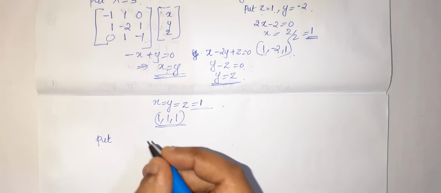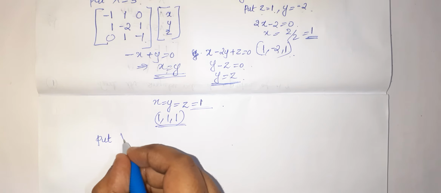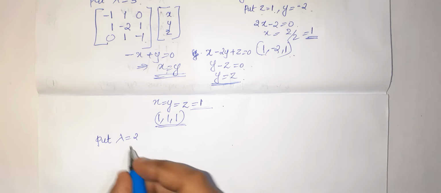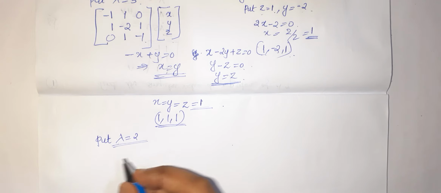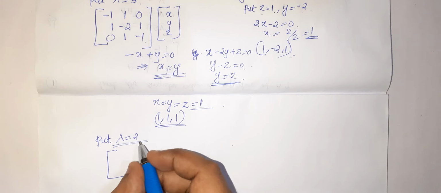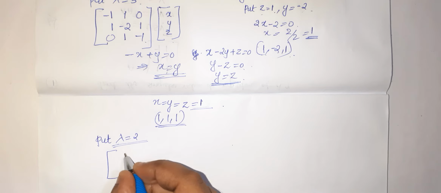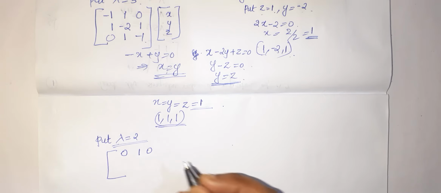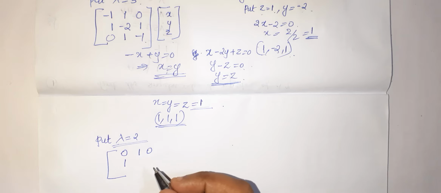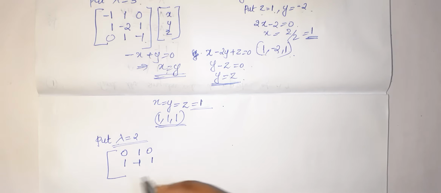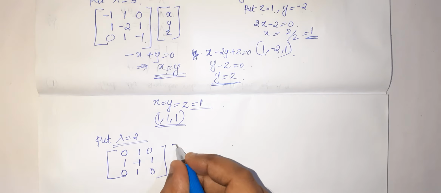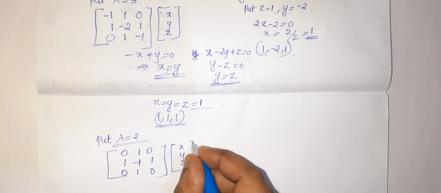One more lambda value is there, lambda equal to 2. Find the eigenvector for lambda equal to 2. Substitute lambda in equation 1, our characteristic equation. Then we will get 0, 1, 0, 1, minus 1, 1, 0, 1, 0. This will be the resultant matrix. Here also find the equations.